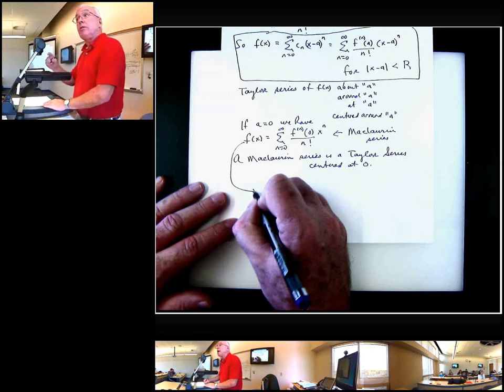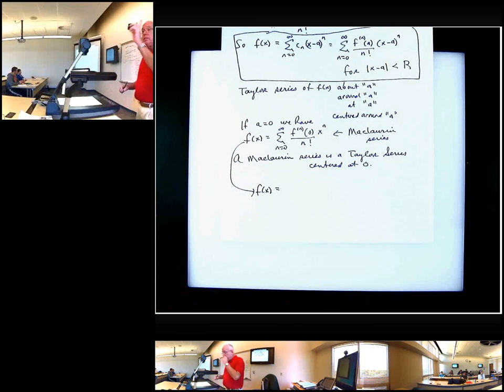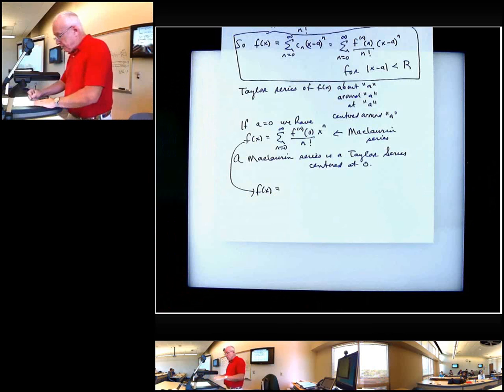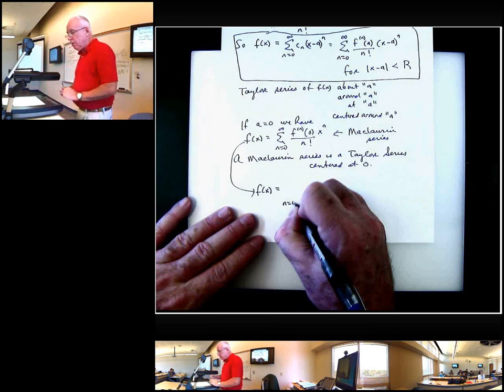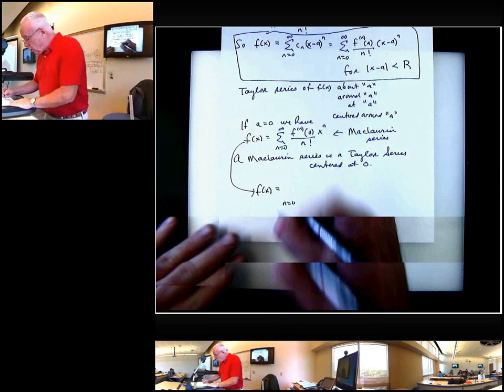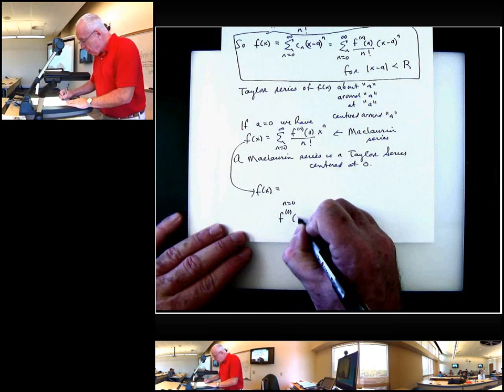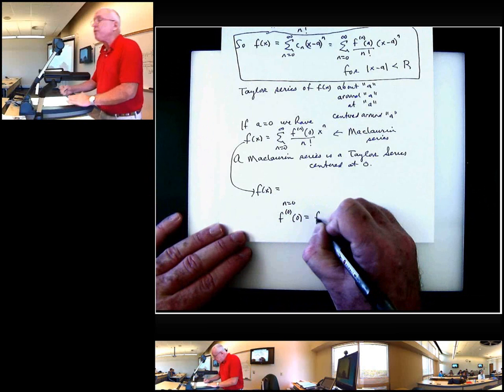Let's write this out a little bit. This is f of x equal, okay, when n is equal to 0, so we do a summation. First one is n is equal to 0. We're going to call f0 the same as just our function.